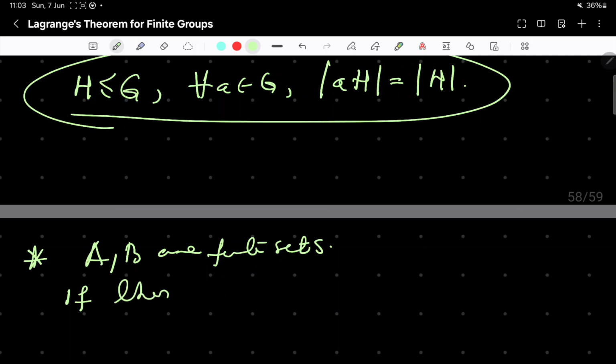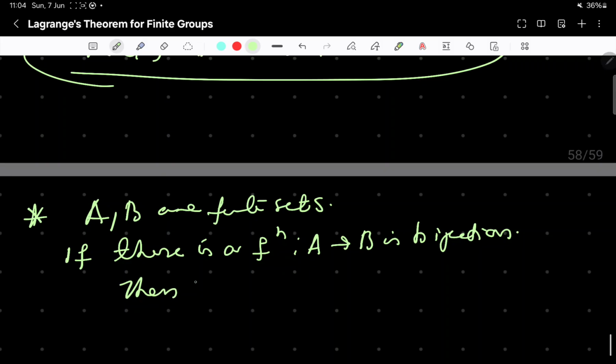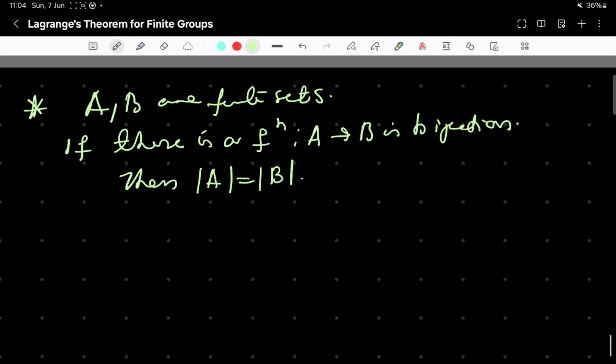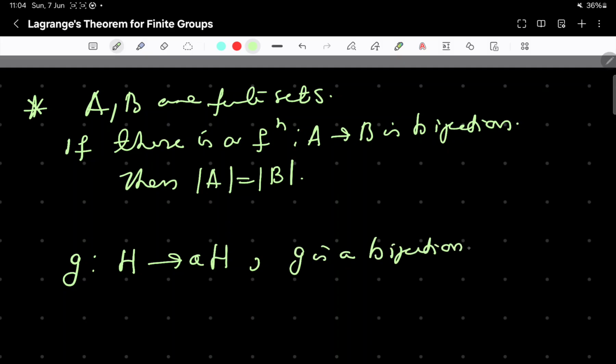If there is a function from A to B that is a bijection, that is one-to-one and onto, then their cardinalities are the same, because you can pair them. So in that light, I want to define a function g from H to aH, and I'll show that g is a bijection.